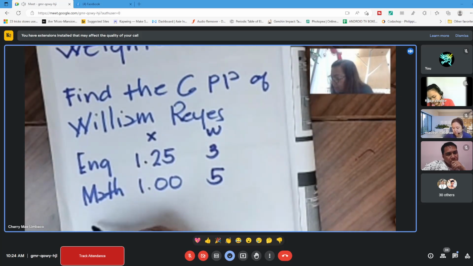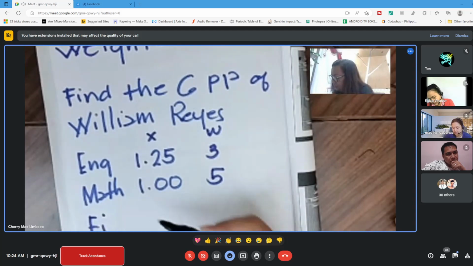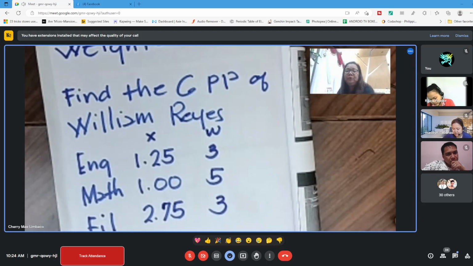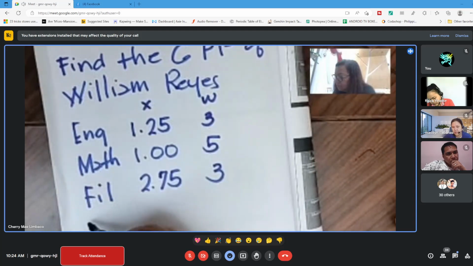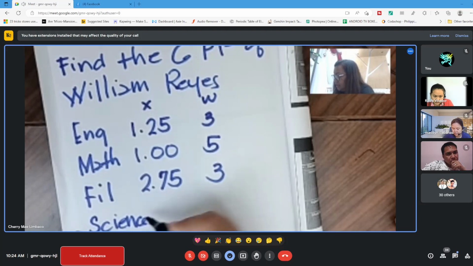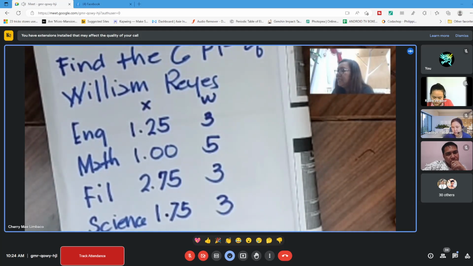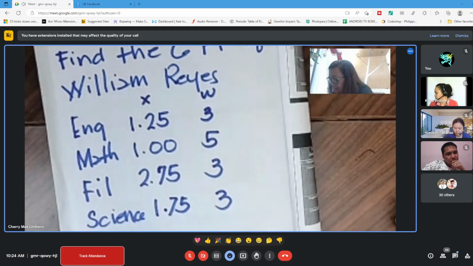Now, Filipino. The grade is 2.75, three units. Now, science. The grade in science is 1.75, 3 units. And next, TLE. The TLE grade is 2.0, 3 units.